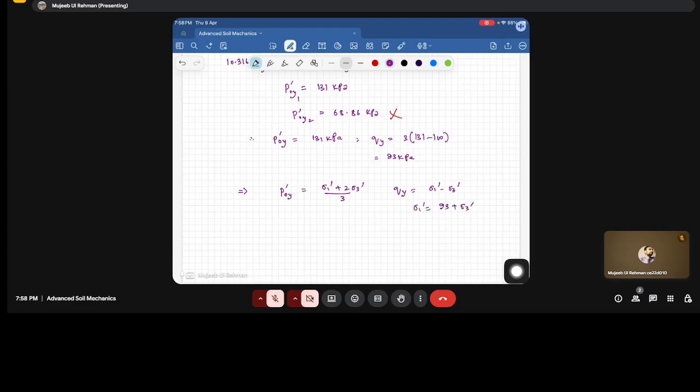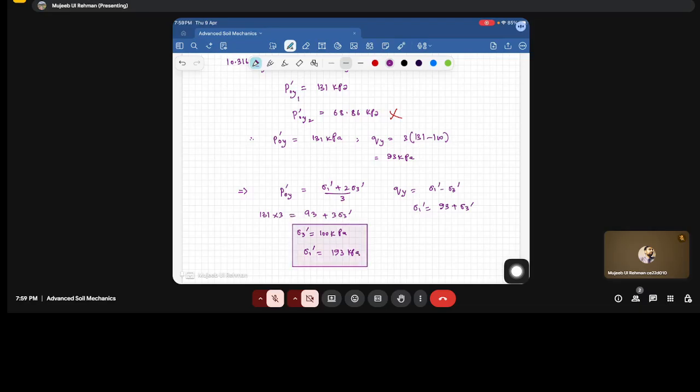We replace here. So P naught dash y is equal to 131 into 3 is equal to 93 plus 3 times sigma 3 dash. Fine. So 131 into 3 minus 93 divided by 3, we get sigma 3 dash is 100 and sigma 1 dash is equal to 190 kPa.